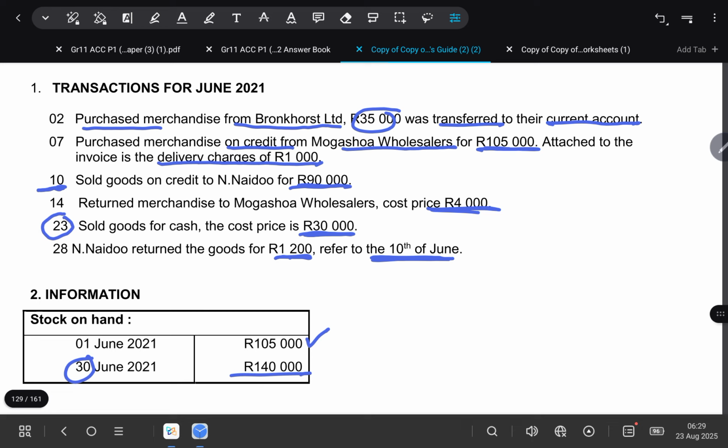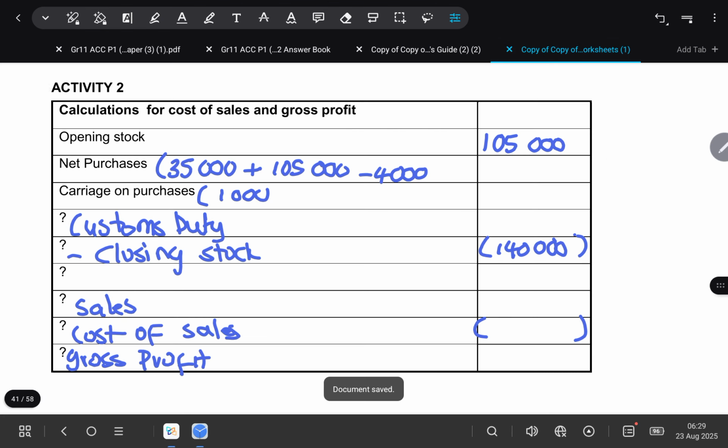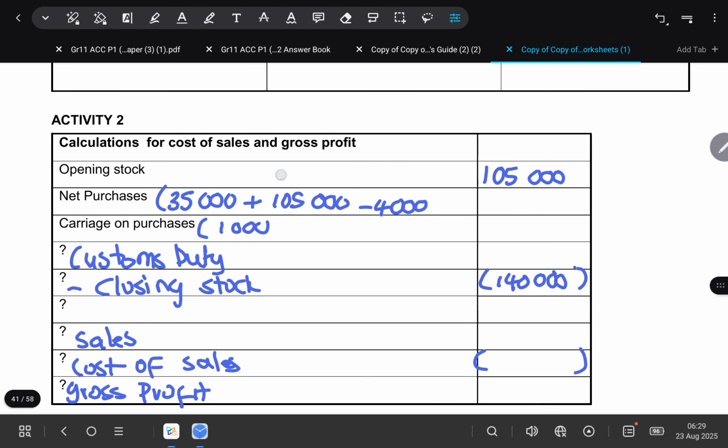I'm going to show you 2 methods that you can use to get this. If you are not given the original sales, there's a way that you can use to get your net sales. But for now, let's try and finalize our cost of sales. So in terms of carriage on purchases, we are still going to have 1,000 here.